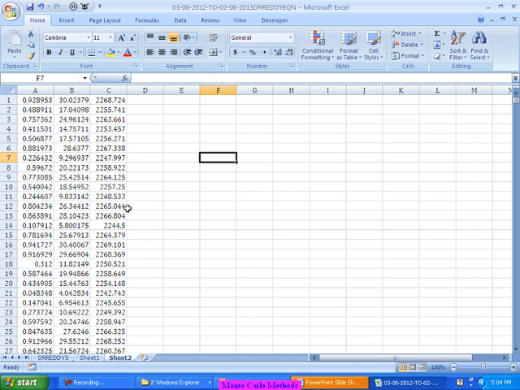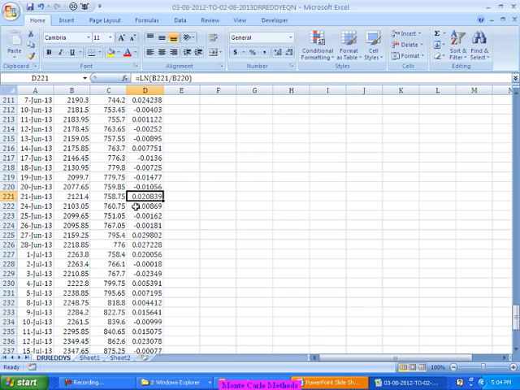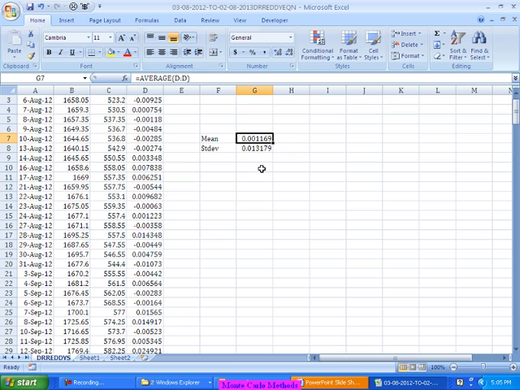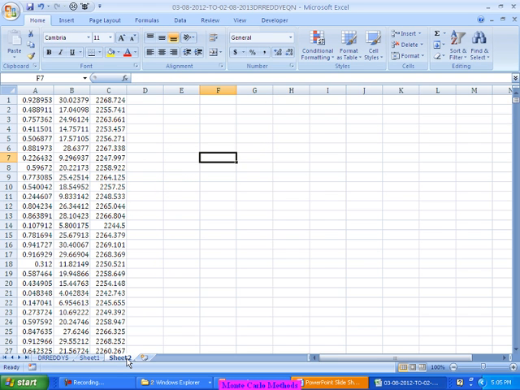And okay, now the same logic. I know that this is the mean. This is the standard deviation. What I can do is expose these two things to a normal distribution to get the returns. So how do I expose them? Let's say these are my random numbers.